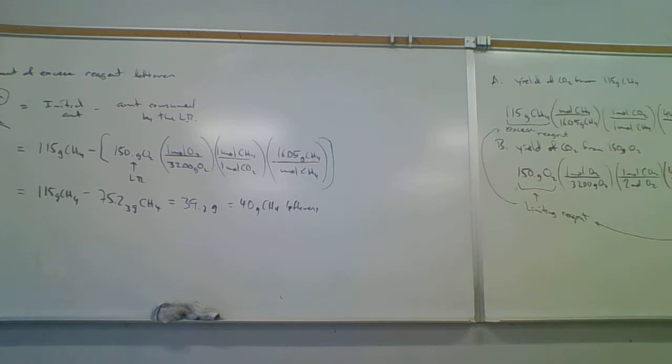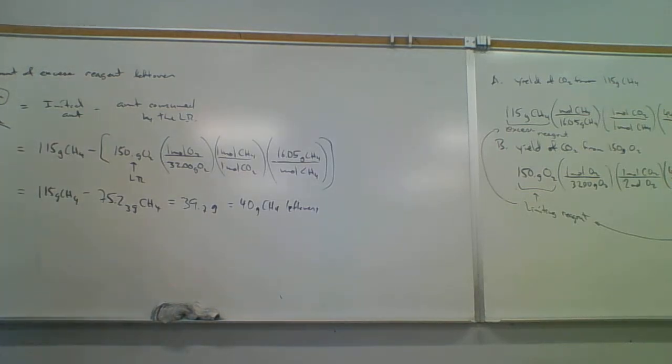If I have 20 tires, then I need 1 frame per 2 tires, and that's going to give me 10 frames consumed, which is going to give me 20 frames left over. So this is kind of what we're doing here with limiting reagents.